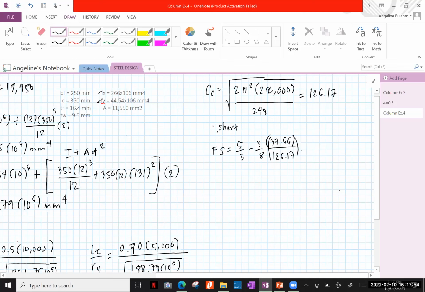Ito dapat, minus 1 over 8 times LE over R, 37.66 over 126.17 cube. So, makukumpute natin yung Fs.